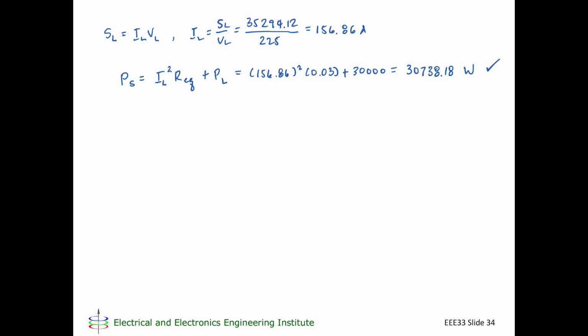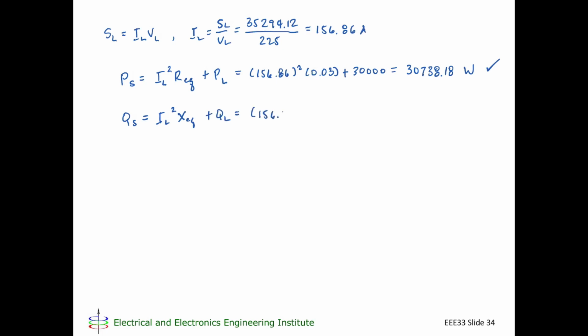We're supposed to get power, reactive power, input voltage, and efficiency. I can do the same thing for reactive power. Q_S is equal to I_L squared X equivalent, the reactive component of the equivalent impedance of the transformer, plus Q_L.